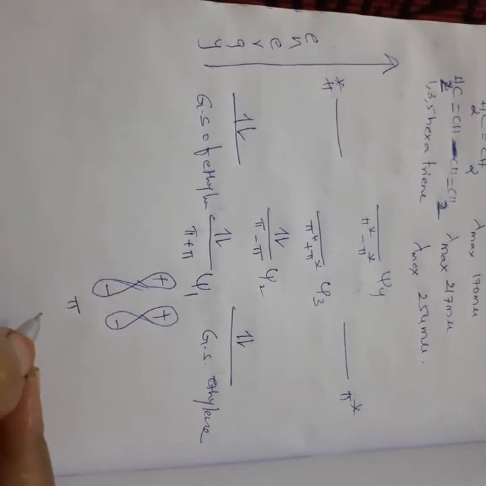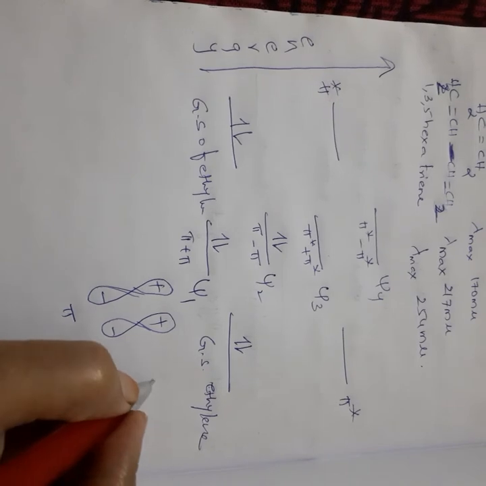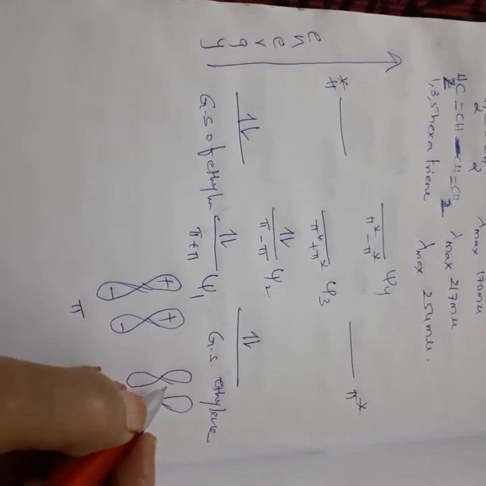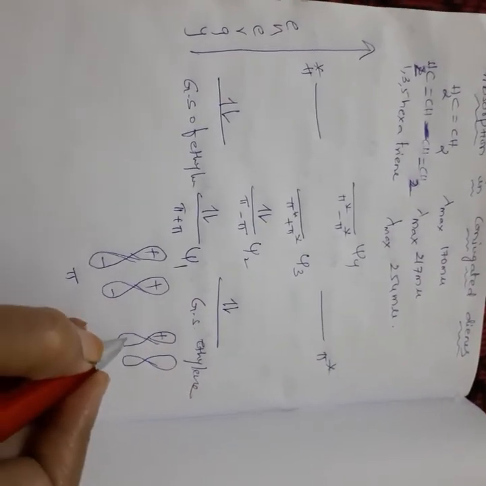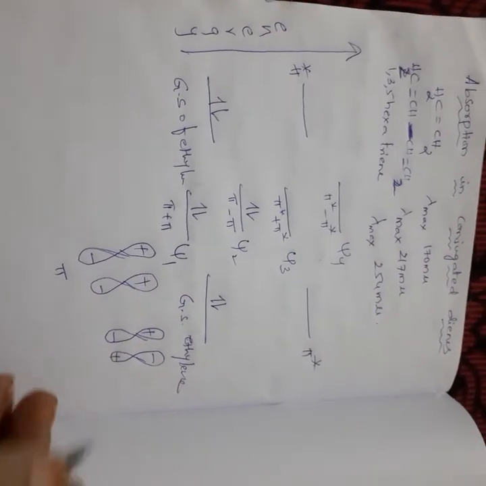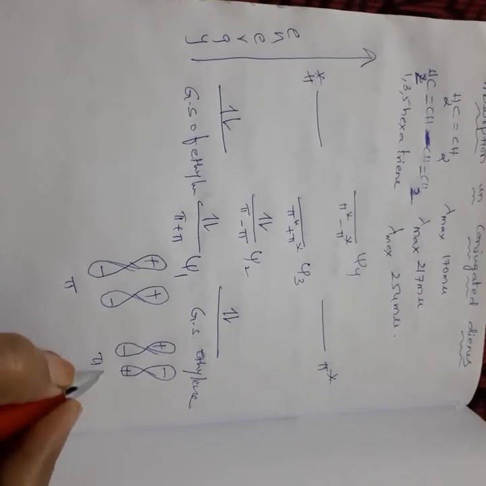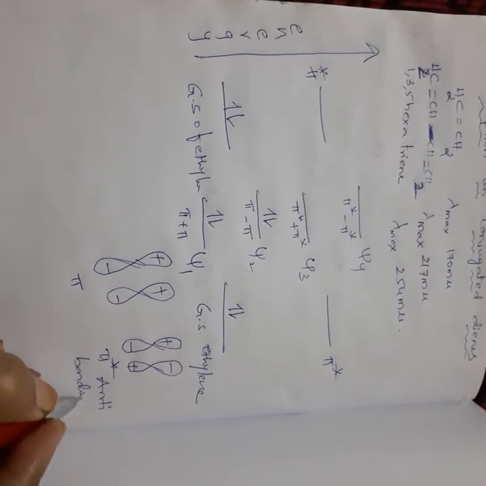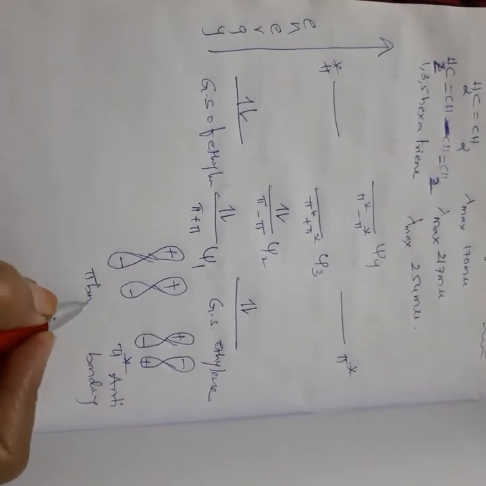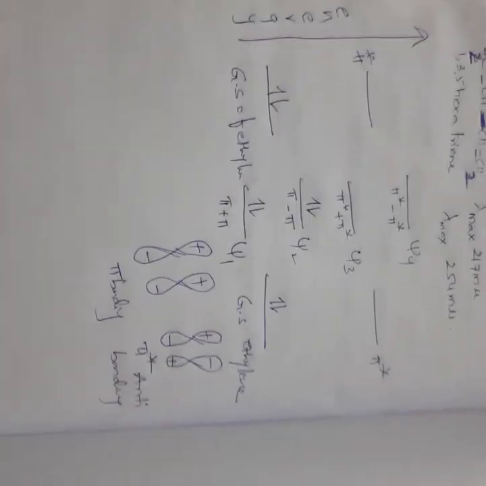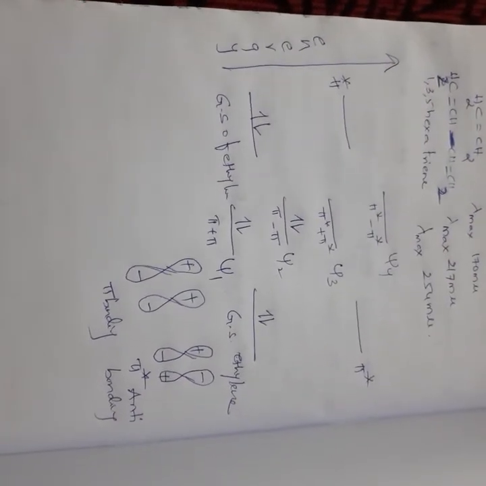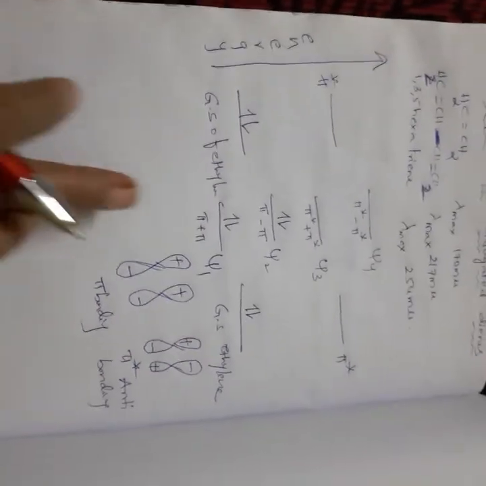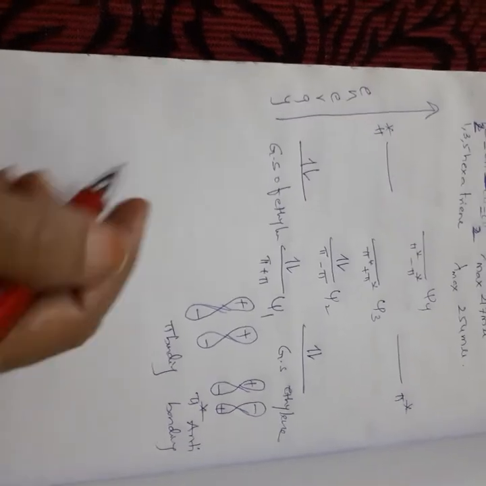This is called the representation of pi bonding orbitals. Next, this is plus, minus, minus, plus. This is the way of representing anti-bonding orbitals. This is pi bonding, the general representation of pi bonding as well as pi star anti-bonding orbitals according to wave theory. Now we will see these possibilities one by one.